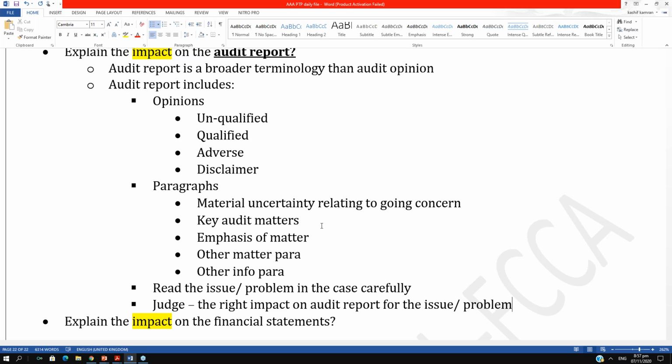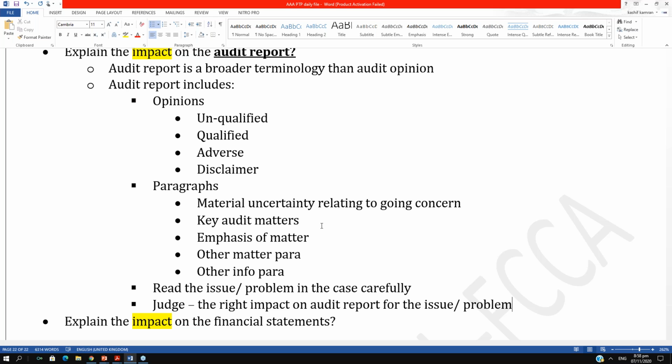So when you are attempting a question which says impact on report, do you believe the problem or issue given in the exam paper can be any problem? The problem can relate to going concern. The problem can relate to a qualified opinion. The problem can relate to an emphasis of matter paragraph. So is impact on report more difficult?